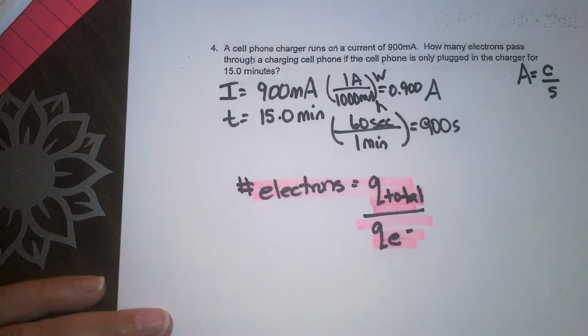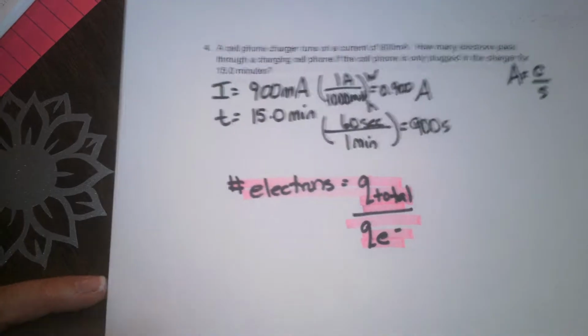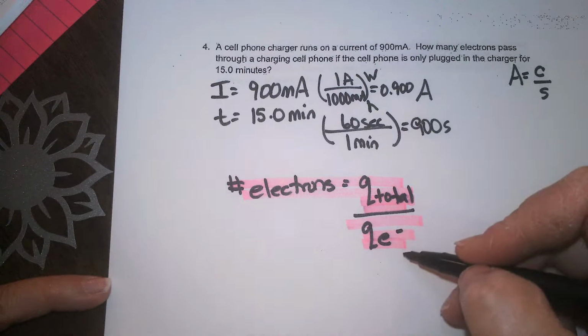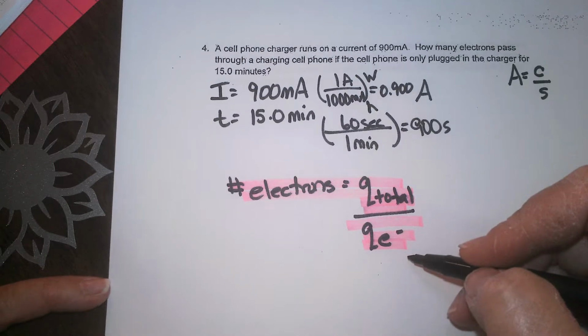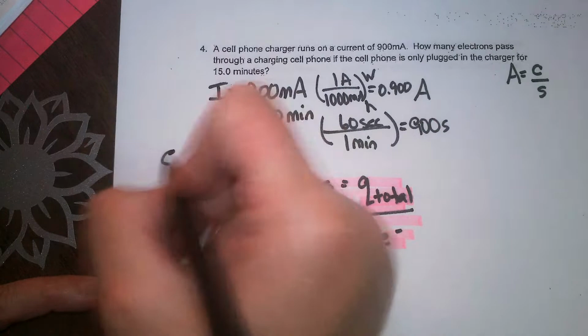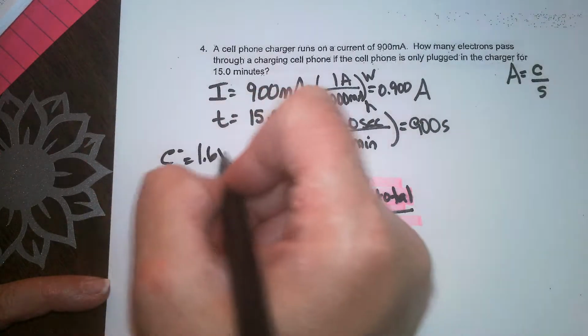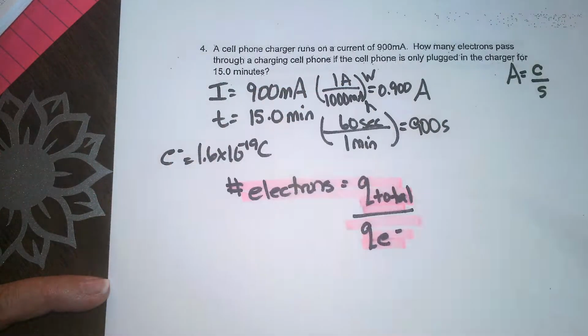This is what we're being asked to find. I know the charge of an electron. The charge of an electron is what? 1.6 times 10 to the negative 19 coulombs.